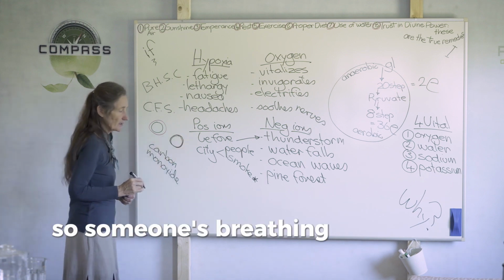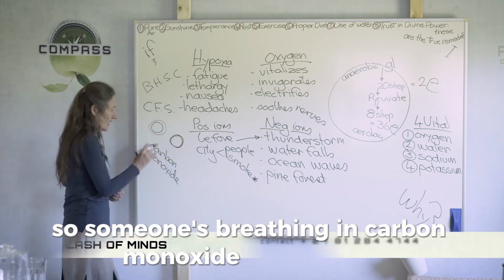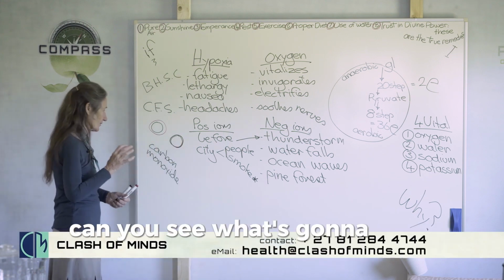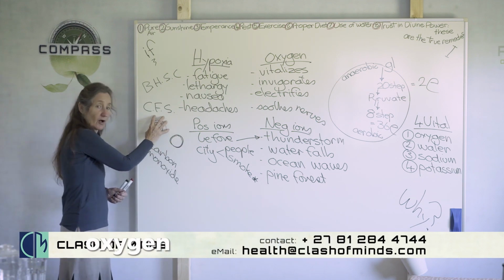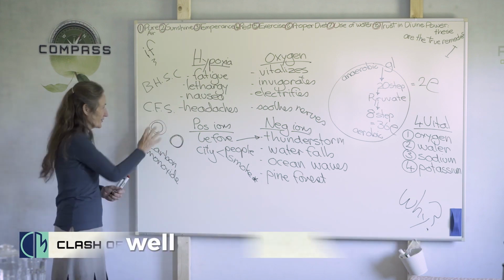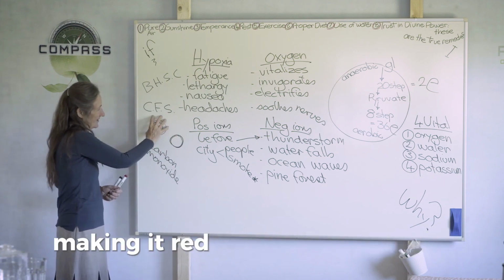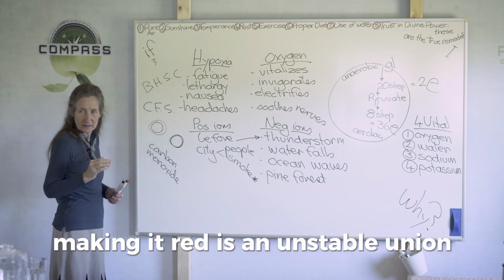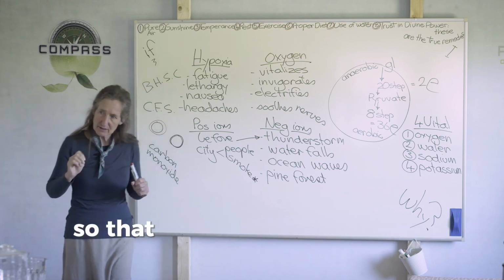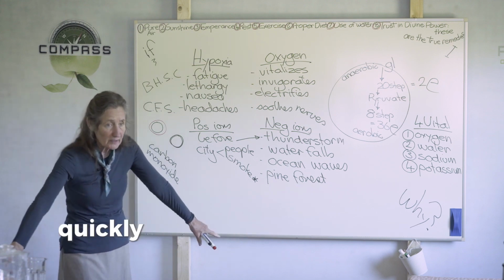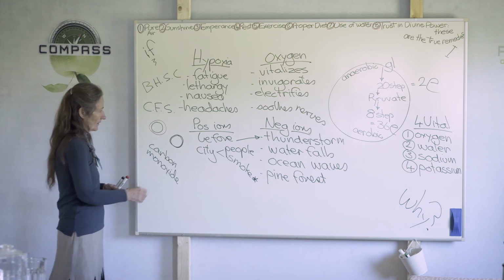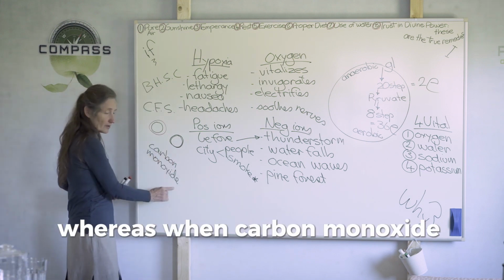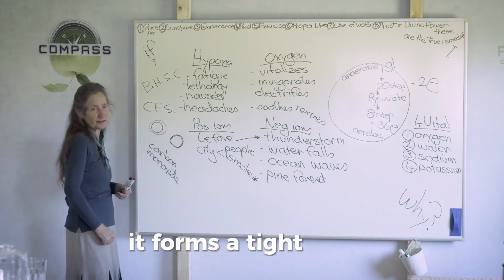So if someone's breathing in carbon monoxide and oxygen, can you see what's going to grab the blood cell first? Oxygen on the blood cell, making it red, is an unstable union, so that it can drop the oxygen again quickly in my brain, in my toes, in my pancreas. Whereas when carbon monoxide comes on, it forms a tight union.